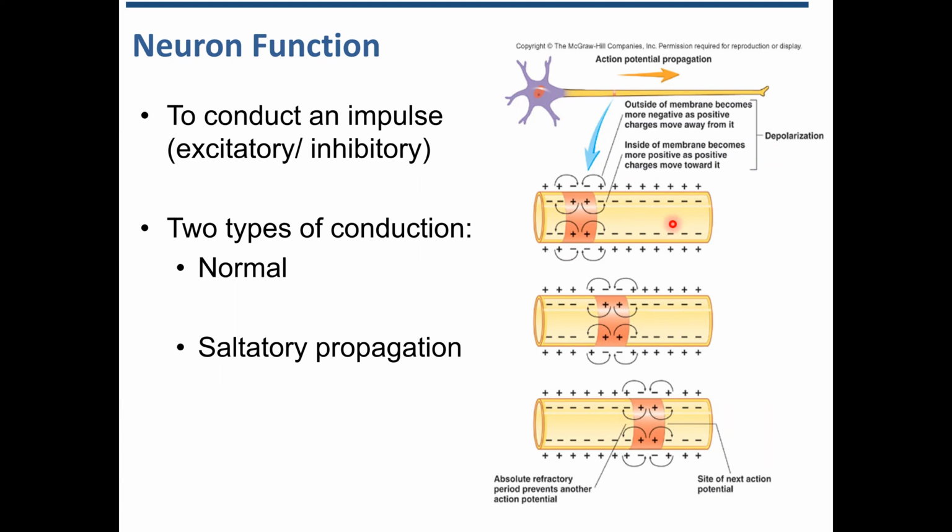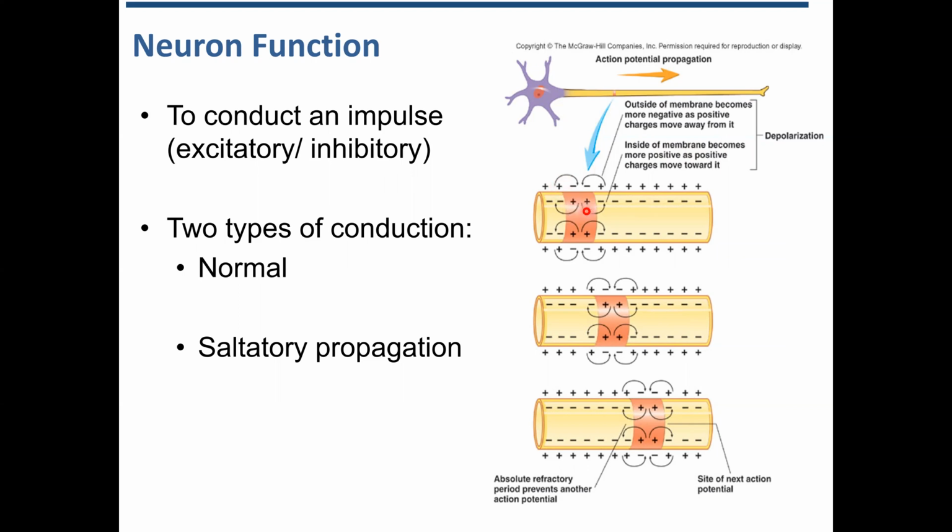Now, this separation minus and plus is resting membrane potential. For a short period of time, we can have a switch of these charges. So a cell becomes positive inside and negative outside. And this is called depolarization.